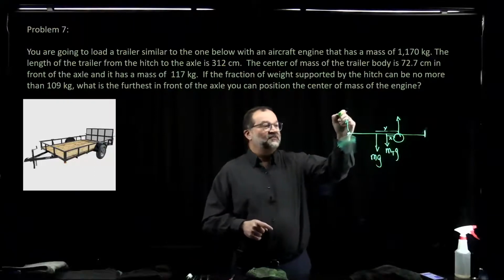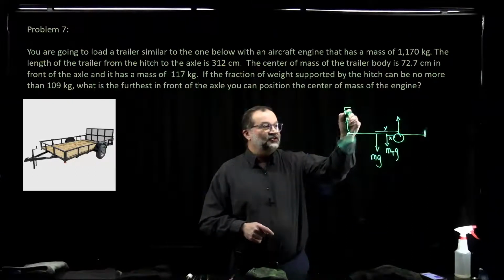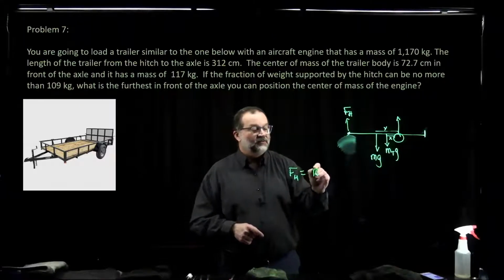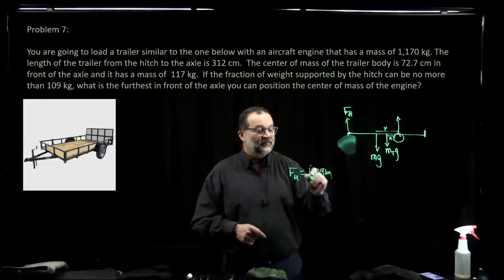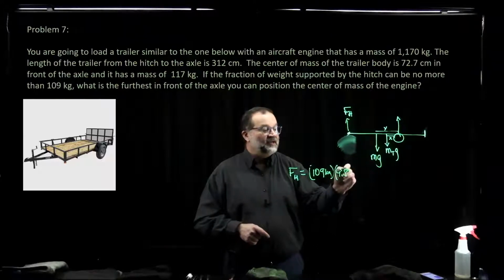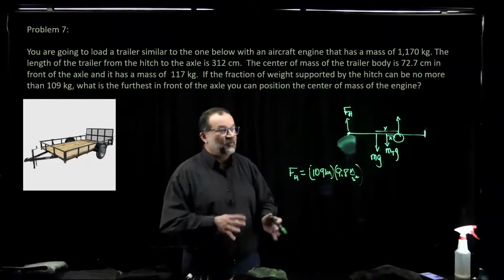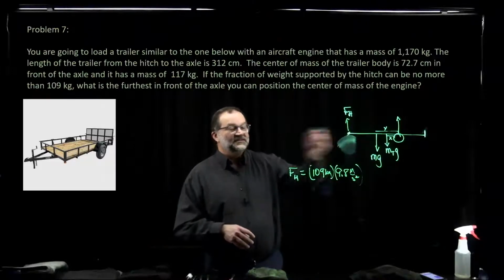So this force, F of the hitch, needs to be 109 kilos times 9.8 meters per second squared. That's the fraction of the weight that we want the hitch to support.